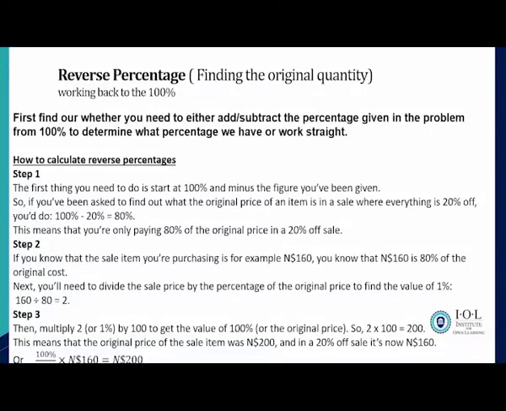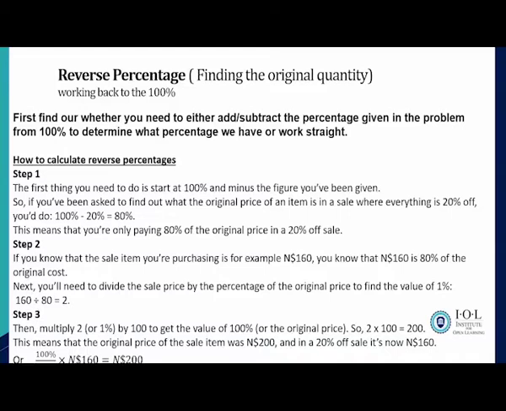All right, then the other thing that you should be careful about is reverse percentage. How do we work with finding the original quantity? How do we work back to 100%? First, find out whether you need to add or subtract the percentage given in the problem from 100%, to determine what percentage we have to work with. You need to start with 100%.